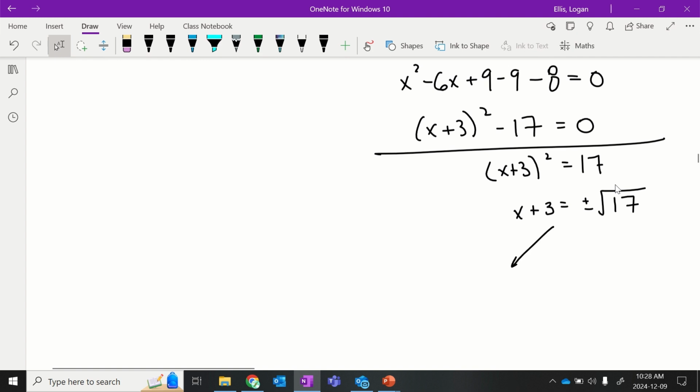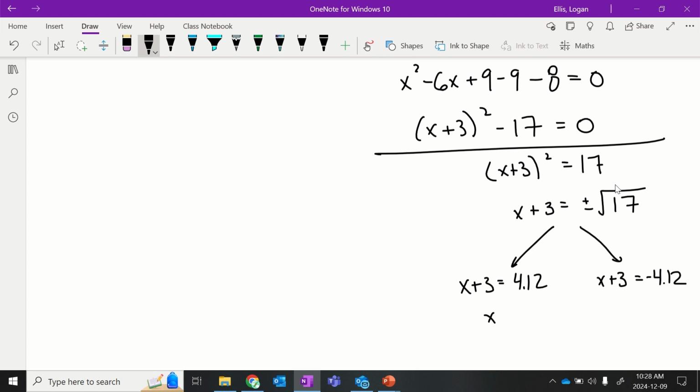And so remember, I actually don't know what the square root of 17 is as a decimal, so let's see, I think I have a calculator here. Square root of 17 is 4.12, right? So you're going to have x plus 3 equals positive 4.12, and then x plus 3 equals negative 4.12.